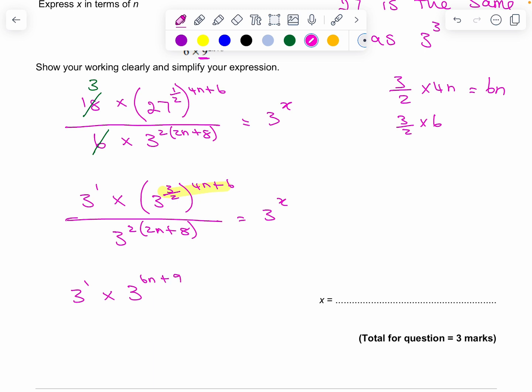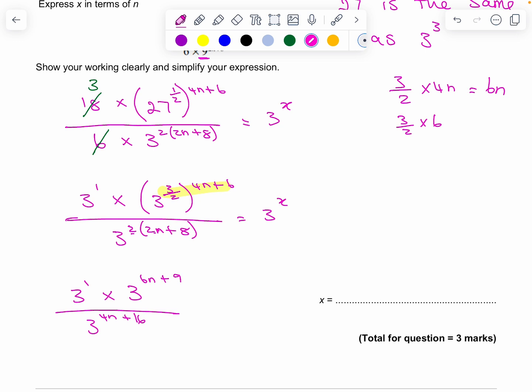So it's just 9 there. Then over, multiply out the brackets, so we get 3 to the power of 2 times 2n, which is 4n, and 2 times 8, which is 16, 4n plus 16. So all I've done is multiply out the brackets.